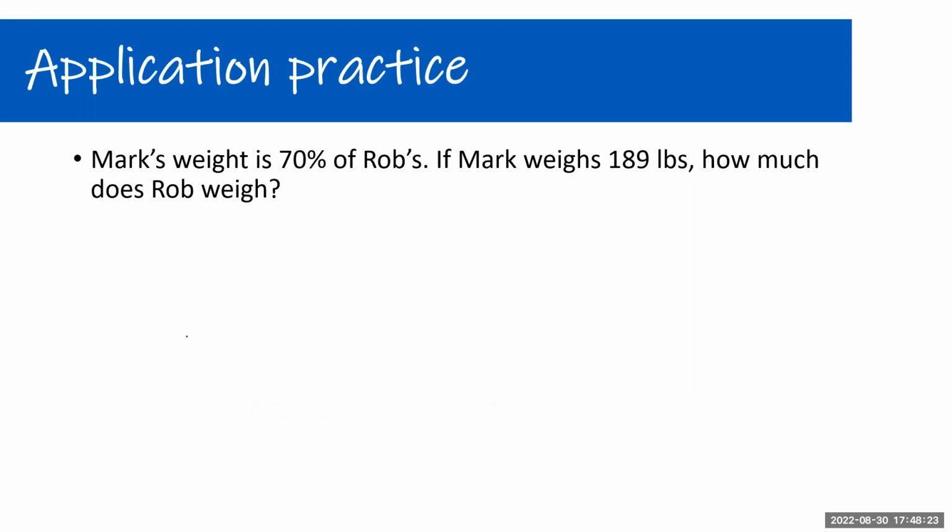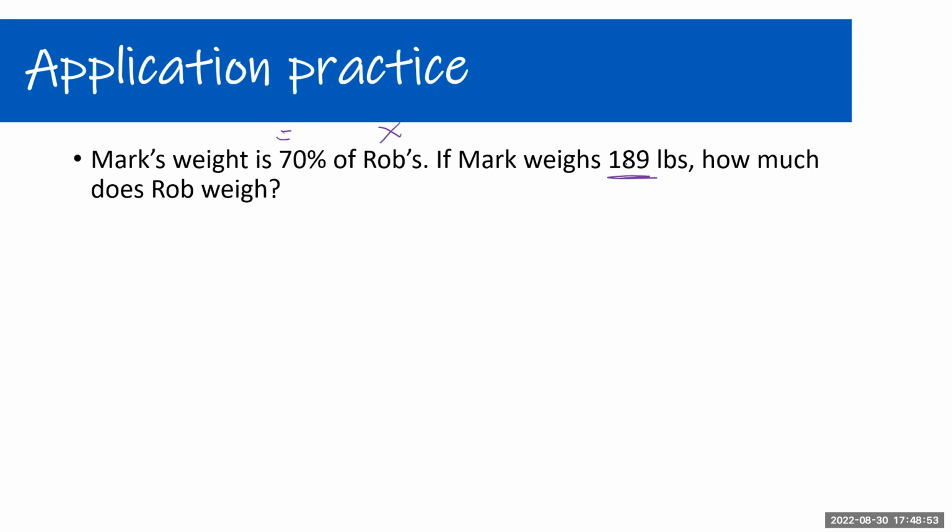Mark's weight is 70% of Rob's. If Mark weighs 189 pounds, then how much does Rob weigh? Well, we know that Mark's weight is 70%, so it's going to equal 70% of Rob's, okay? So of some number, X. We're going to be dealing with times here.